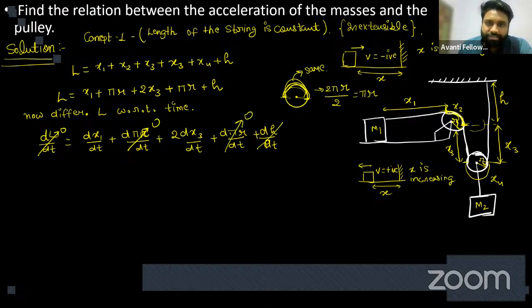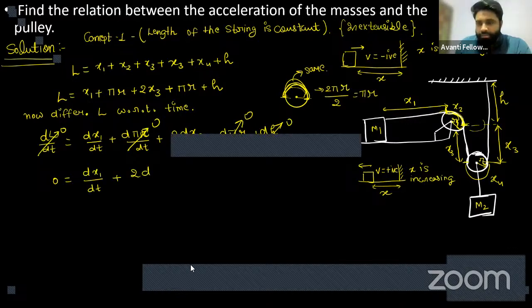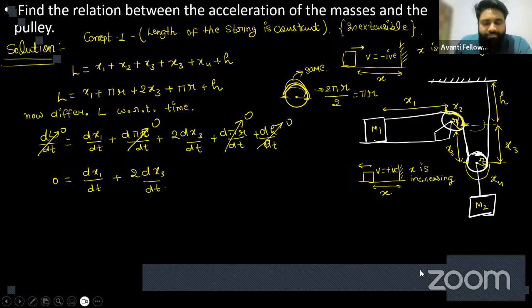Again, this is also 0. This dh is also 0. What do we have? 0 is equal to dx1 by dt plus 2 times of, okay, got it?